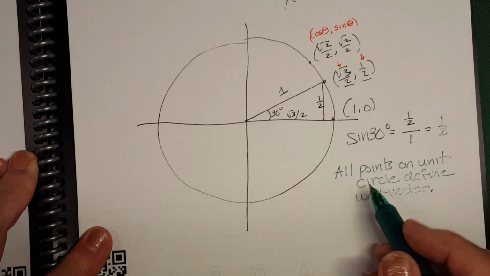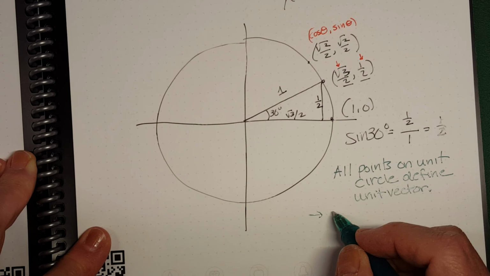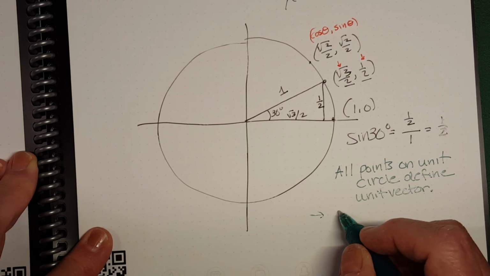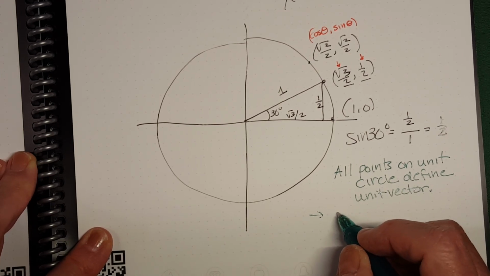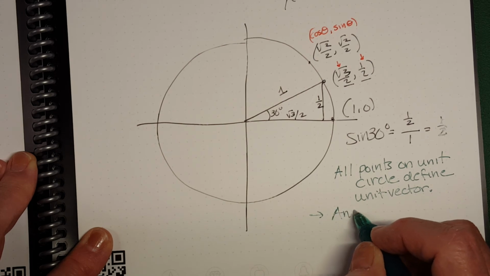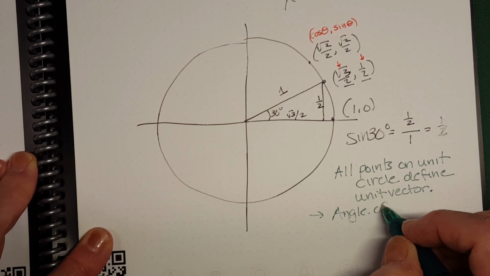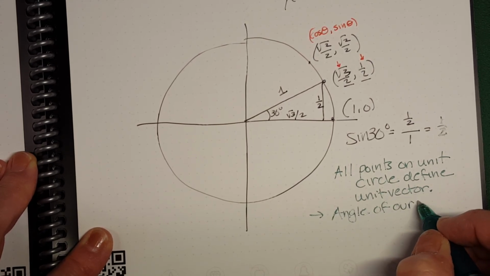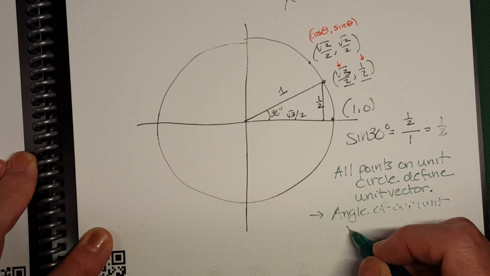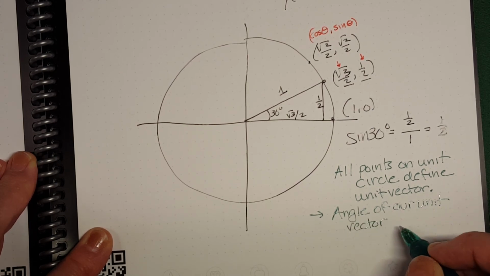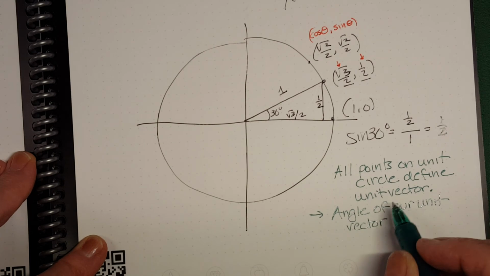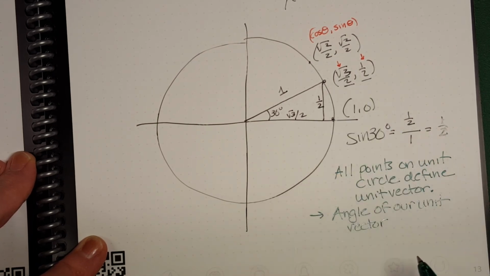And not only that, it will identify the angle of our unit vector, because we know that these points are the cosine and the sine.